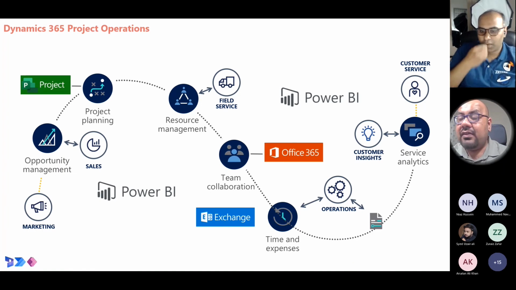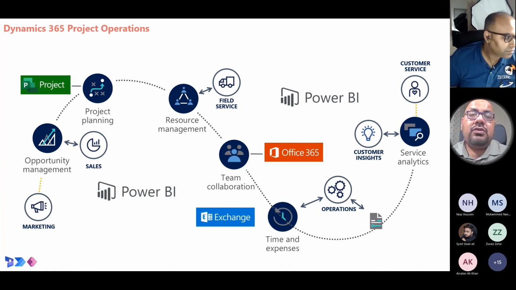There is some team collaboration there. You also manage the team, the time and expenses based on the activity they have completed, and the invoices are generated. So it's a complete end-to-end solution. We will talk about the business scenarios by the time we cover these modules.